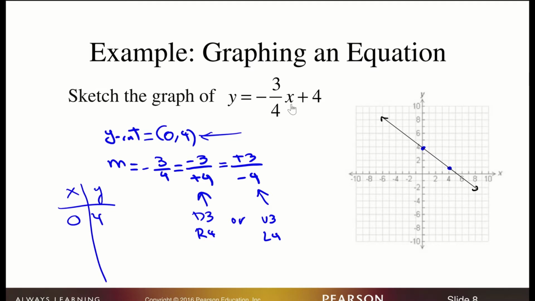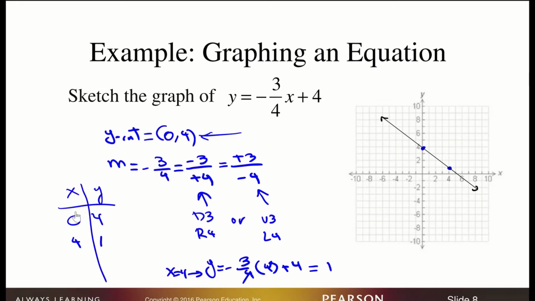So if x equals 4, that implies y equals negative 3/4 times 4 plus 4. Here, these will cancel out, so you get negative 3 plus 4, which is 1. So there's the other point.